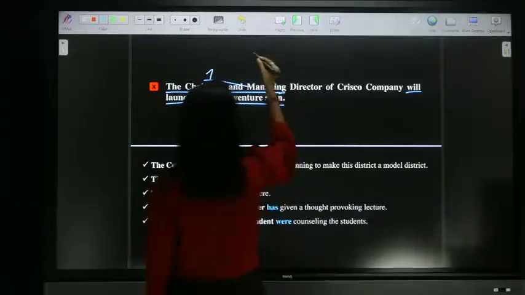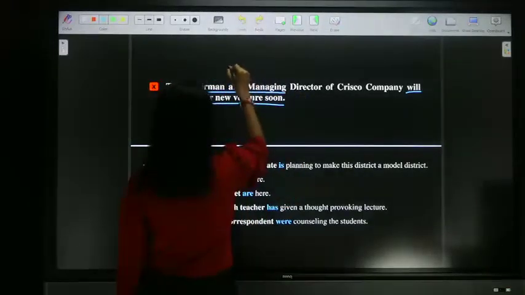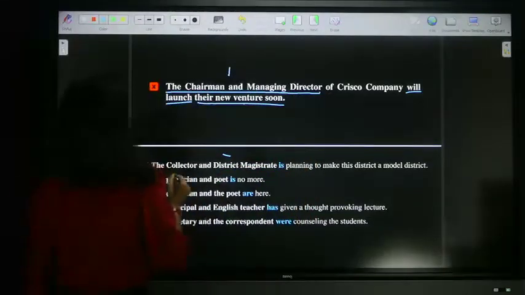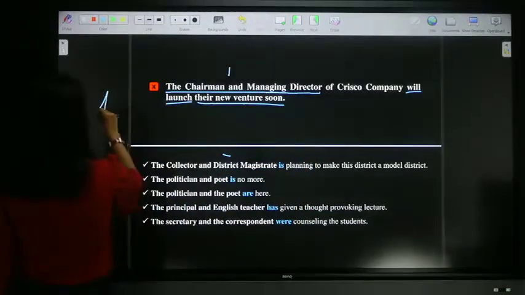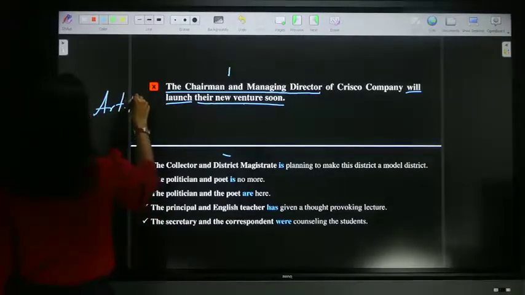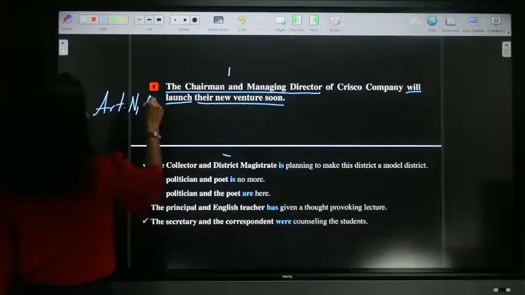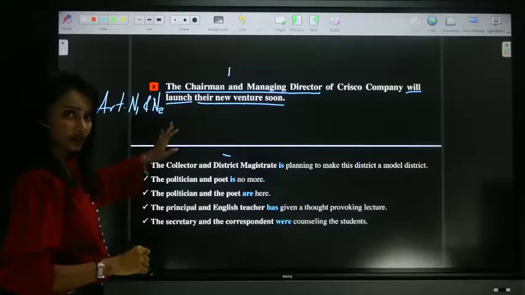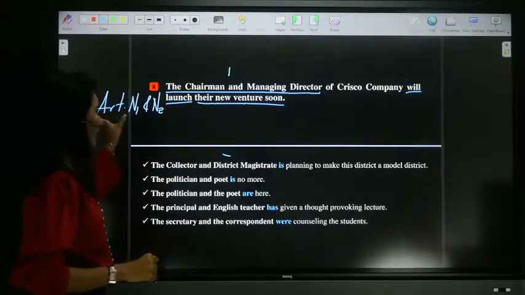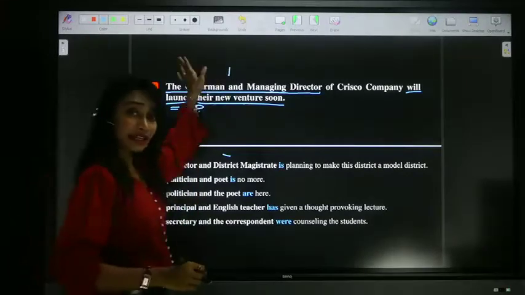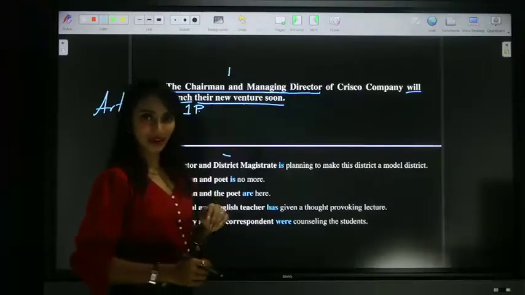Because remember this rule: if there is only one article before two nouns connected by the conjunction and, that means only one person. That means the chairman is also the managing director.